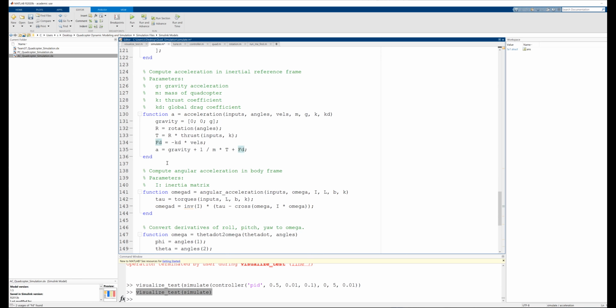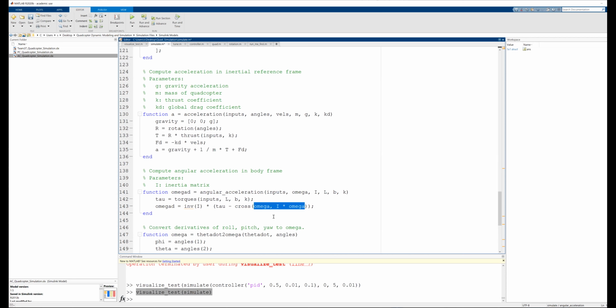Moving on, then you have these angular accelerations. So these are the last set of equations, which are the last 3 equations. You have omega dot, angular accelerations, input, omega, I, and K. Then you find out the torques, and then omega d, which is x4 dot, is equal to inverse of I multiplied by all the taus minus cross of omega, I omega.